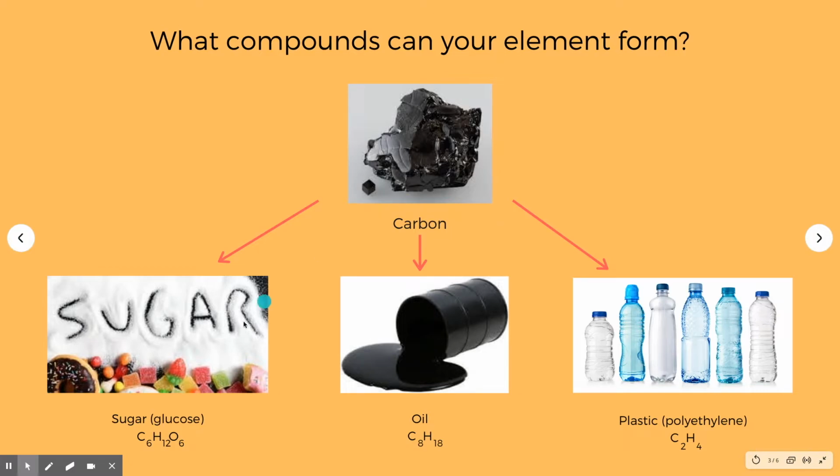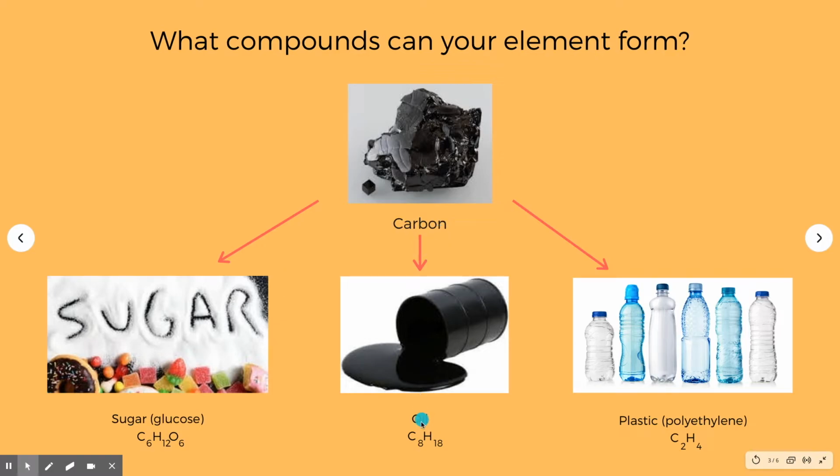So carbon can bond with hydrogen and oxygen to make glucose, and glucose is sugar. So 6 carbons, 12 hydrogens, and 6 oxygen atoms all combine to create glucose.